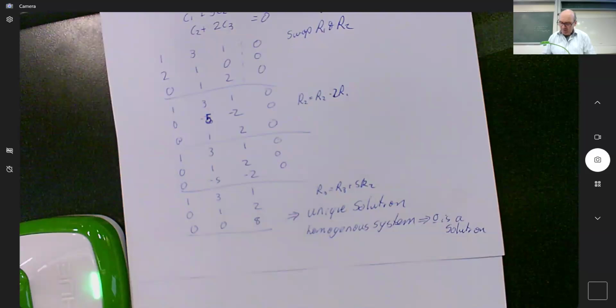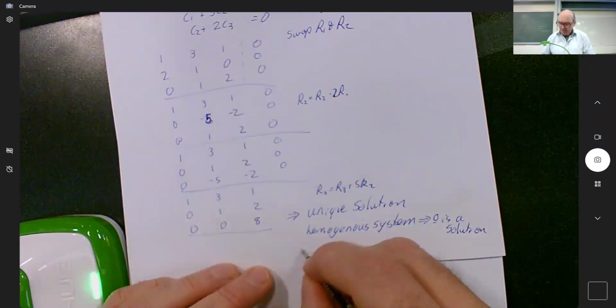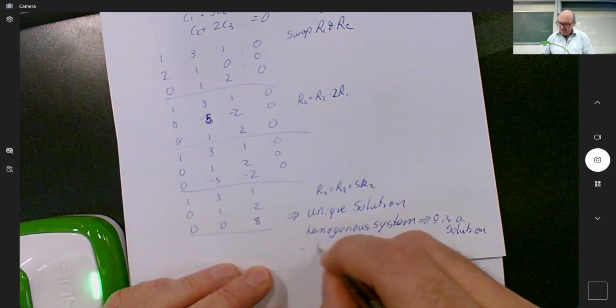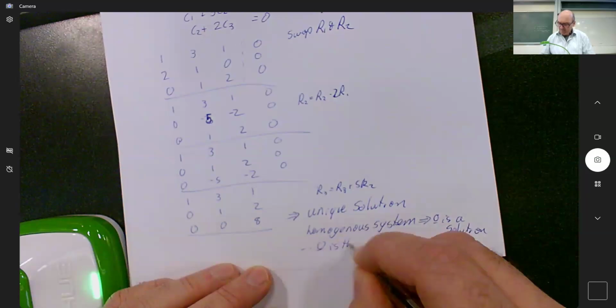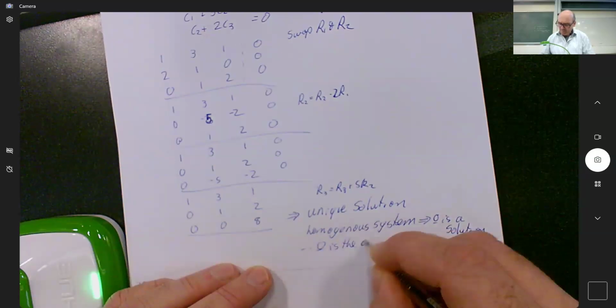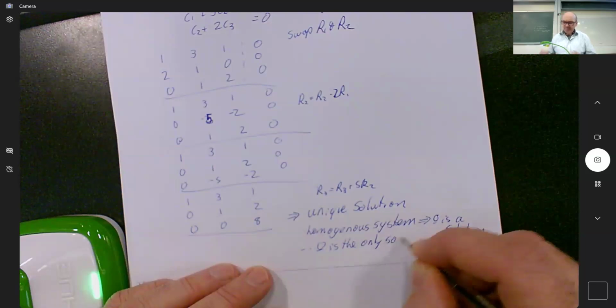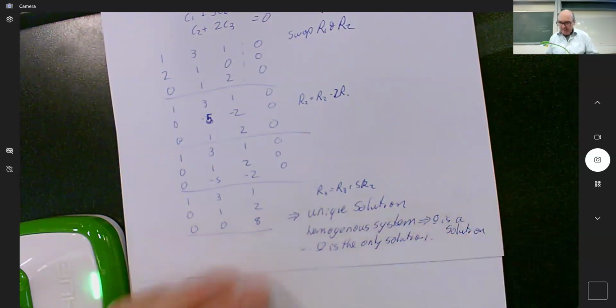And so between those two things, therefore 0 is the only solution. All right, these vectors are linearly independent.